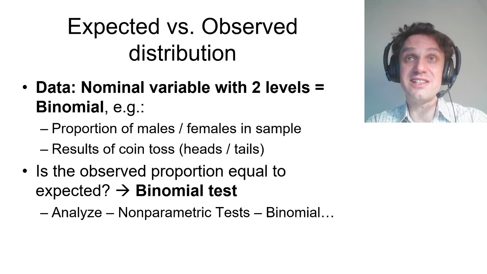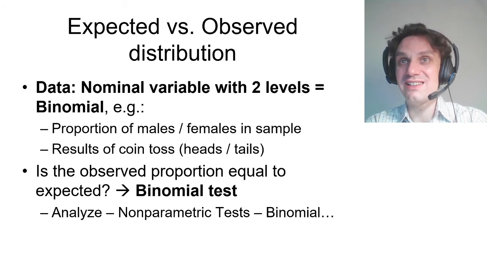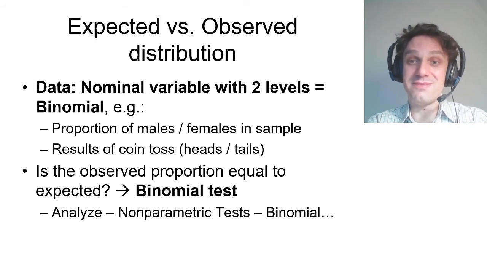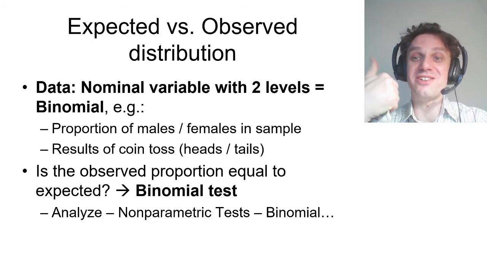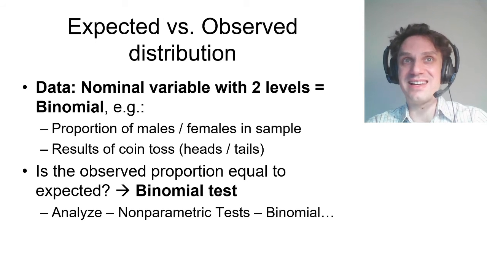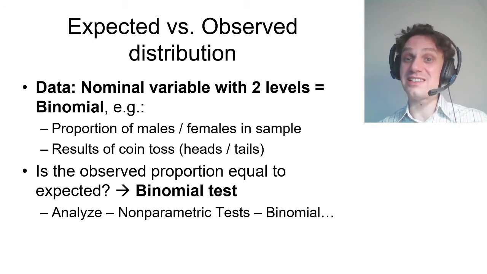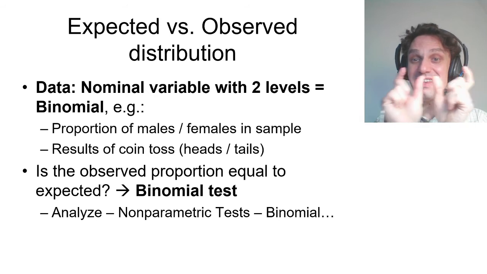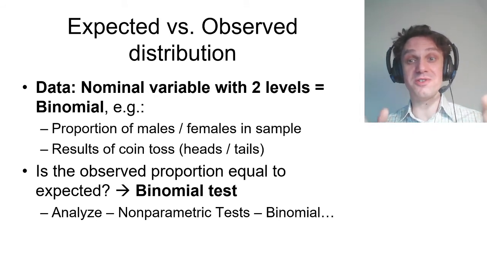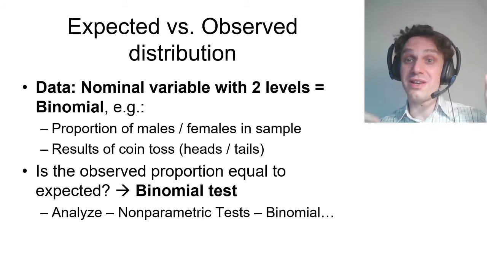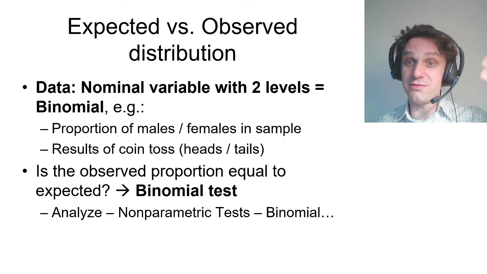So just as a few examples, if the variable that you're interested in is binomial and it only has two levels, for example, gender, male and female, or results of a coin toss, heads or tails, then you can test whether this observed distribution is different from an expected distribution with an equal probability of both outcomes, or you can set this expected probability to be very specific.